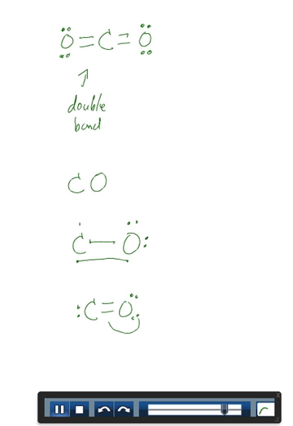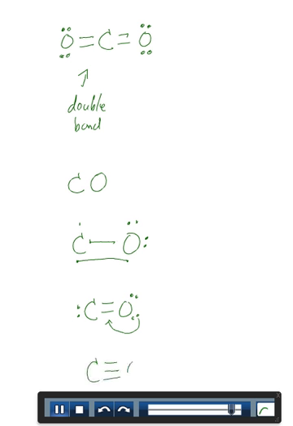And so we need to increase the number of electrons around carbon by 2. So if I move this pair of electrons in between carbon and oxygen, I can count them toward both carbon and oxygen. So I'm not taking anything away from oxygen, but I'm adding 2 to carbon.